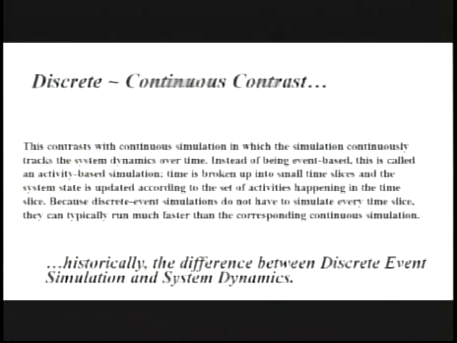The other thing to think about is this notion of what we mean by discrete in contrast to continuous. When Jay Forrester first came up with the continuous simulation philosophy back in the 50s, a long time ago, he came out of a world of continuous modeling in the sense of differential equations, partial differential equations, and so on. And so with the notion of system dynamics, he essentially brought that mentality, the mentality of continuous simulation.